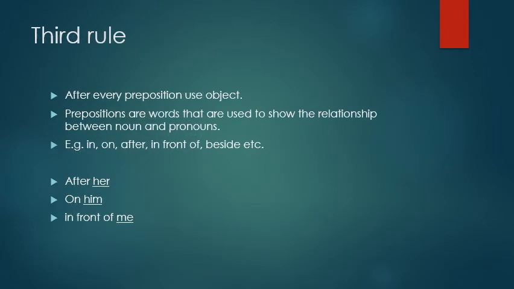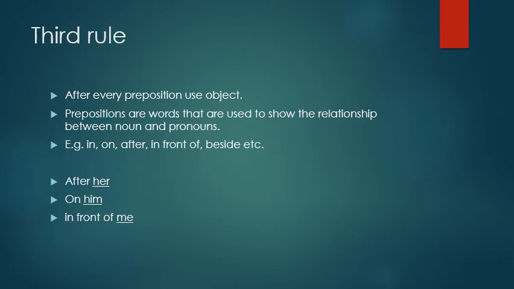Rule number 3. Third rule, we say after every preposition, you use the object. What are prepositions? Prepositions are words that are used to show the relationship between nouns and pronouns. For example, we have in, on, after, in front of, beside, etc. A whole lot of them.